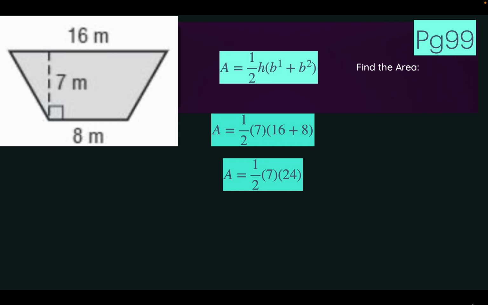Now I need to follow my order of operations still, which has me multiplying 1/2 times 7 times 24, and this will give me the area of this trapezoid. Don't forget, the units for an area is going to be squared. So for this one, your units will be meters squared. I am not solving this one for you, nor telling you the answer, so you need to make sure you did the math and got the answer for yourself.